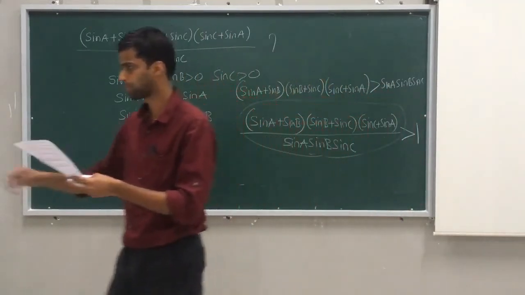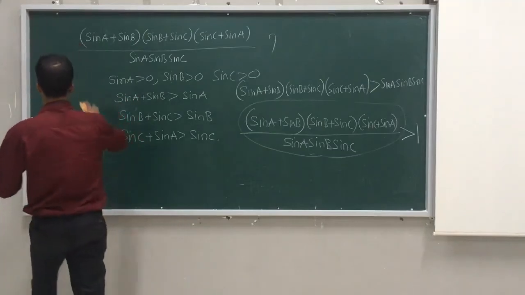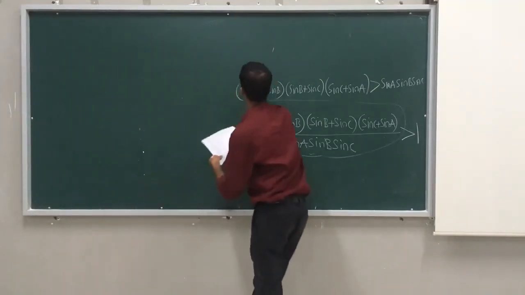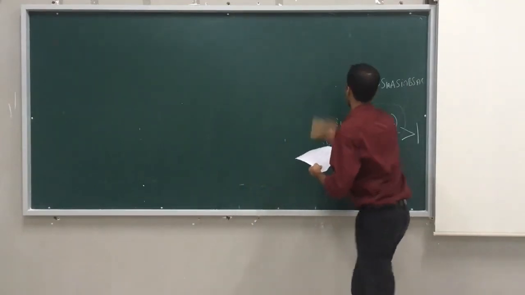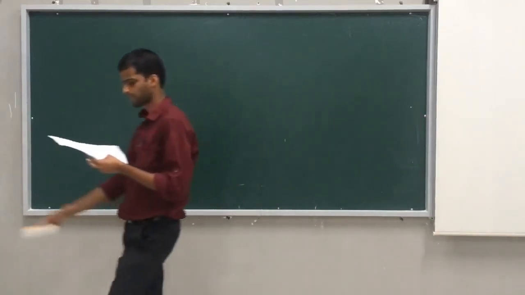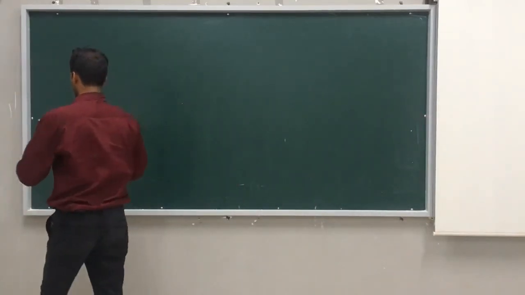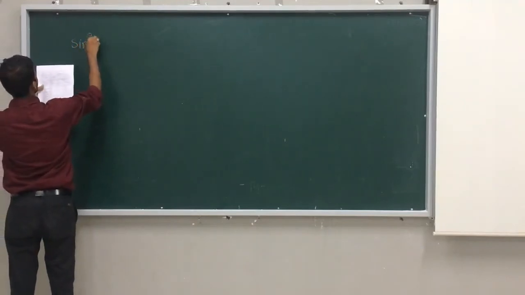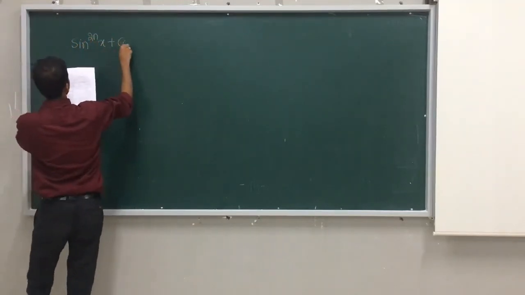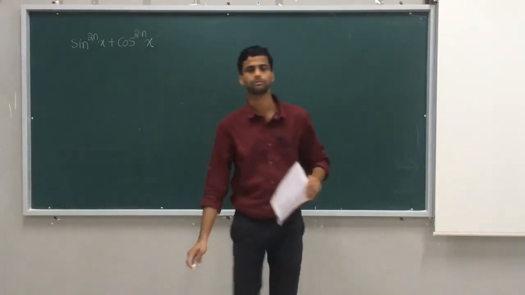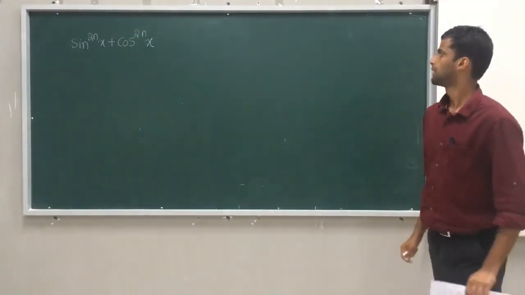Okay, let's move on to question number 17. They want the answer for this particular question: sin raised to 2nx plus cos raised to 2nx lies between what?